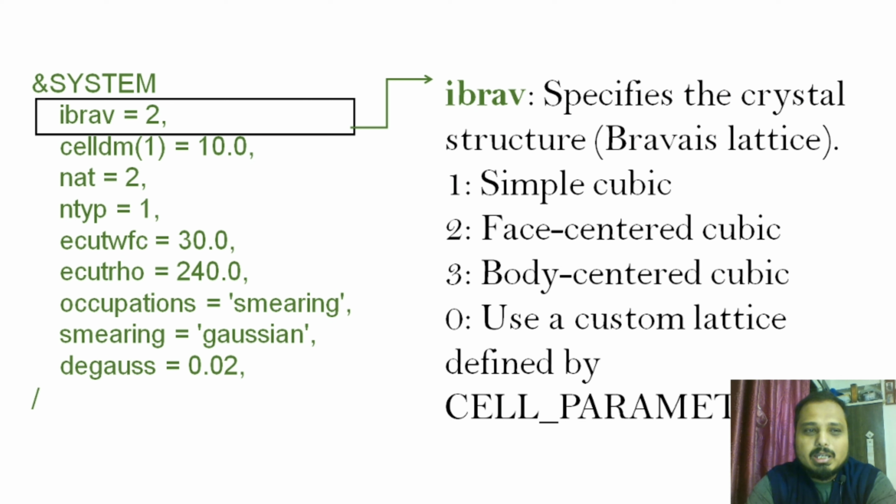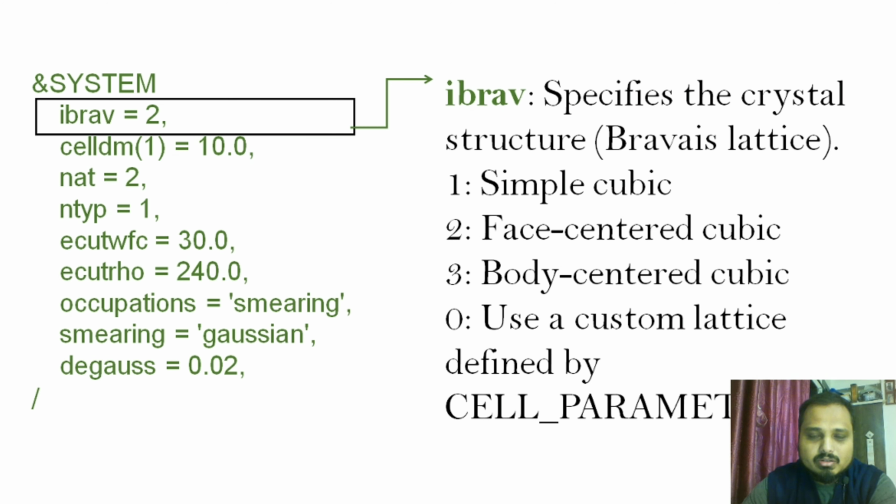I am not going into detail on ibrav or celldm because whenever you are defining this code in Python, the Atomic Simulation Environment's atoms or bulk will have all these things inbuilt. For information purposes, I'm telling you what celldm is. Celldm is nothing but the cell parameter.